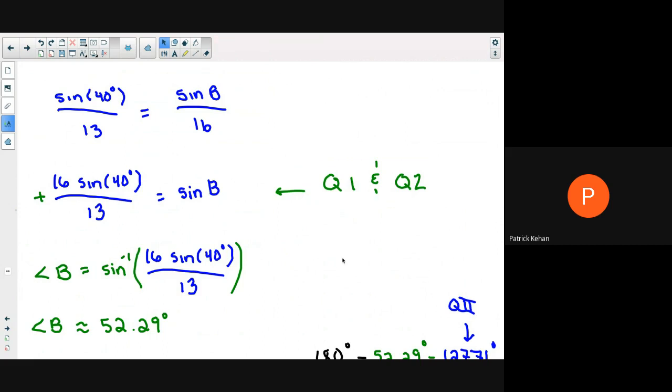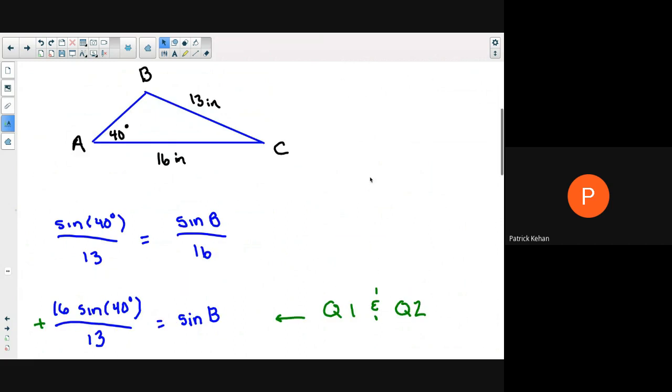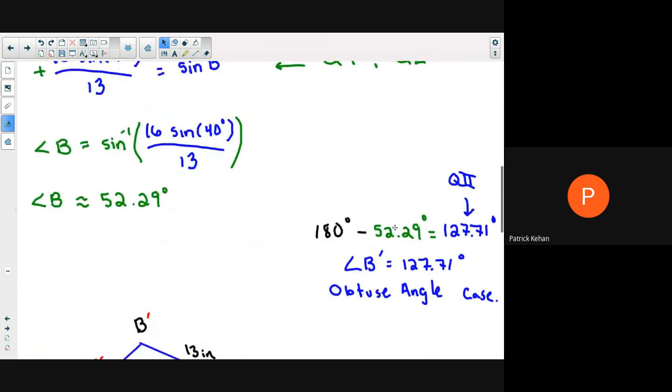So to find that second quadrant angle, we're going to subtract that given angle, or the angle B, from 180 degrees, and that's going to give us 127.71 degrees. This is our scenario 2 angle B, right? So I'm marking it as B prime because it's technically from a different triangle, 127.71 degrees. So this is our obtuse angle case.